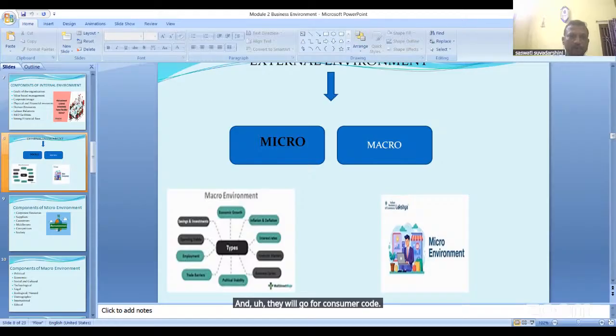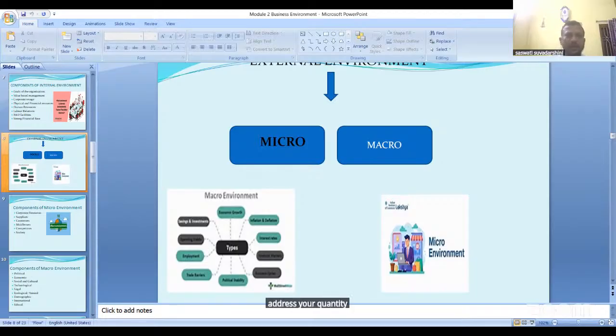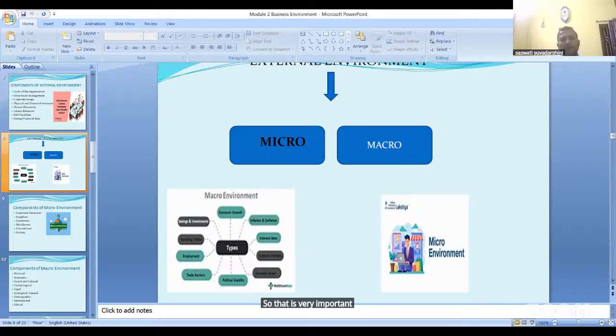Sometimes you are not delivering the information in the proper way: your address, your mail ID, your communication address, your quantity, your quality, everything written on the package should be very clearly written. Otherwise you will face legal problems. So that is very important. All the information you have to give clearly to the customer.